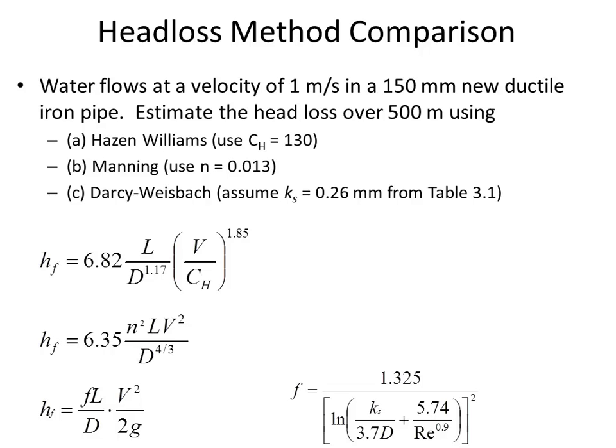And if we substitute that now into the Darcy-Weisbach equation, h sub f is f L v squared divided by D 2g.